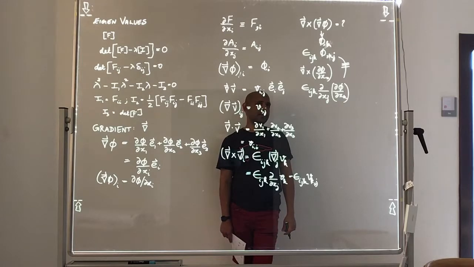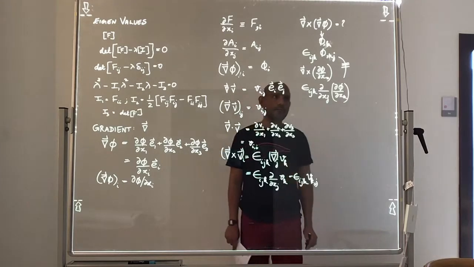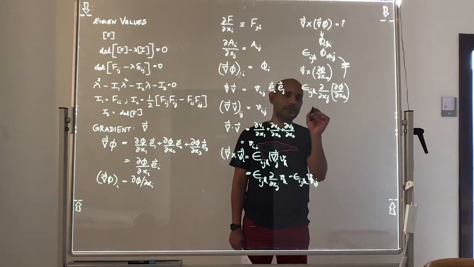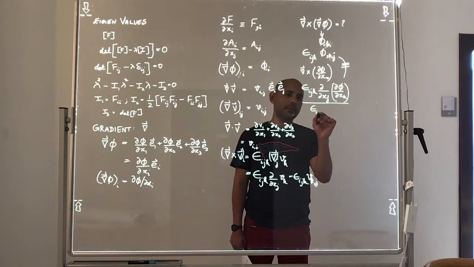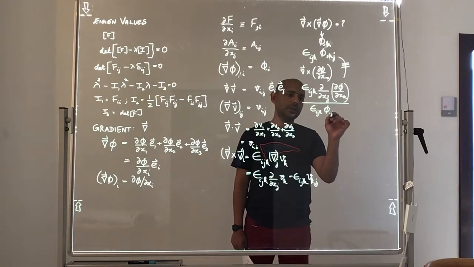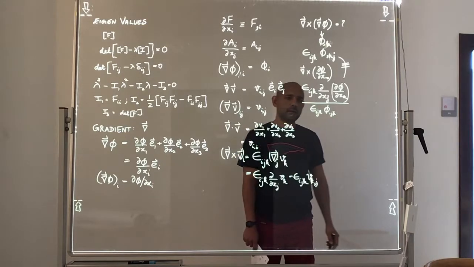Can we reduce this any further? I think we can. Here's how we'll do it. Let's rewrite it: epsilon ijk, phi comma jk.